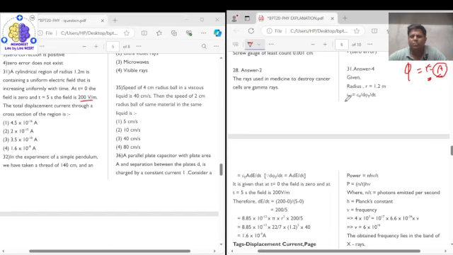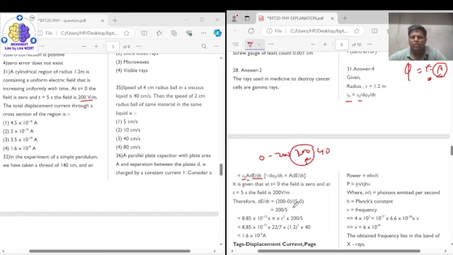So see, displacement current is epsilon naught into d phi E upon dt. So we can write it epsilon naught, A is constant, so we'll get dE by dt, right? In the question it has been given that E is changing from 0 to 200, so change in electric field is 200, and the time is changing from 0 to 5, so dE by dt will come out as 40.